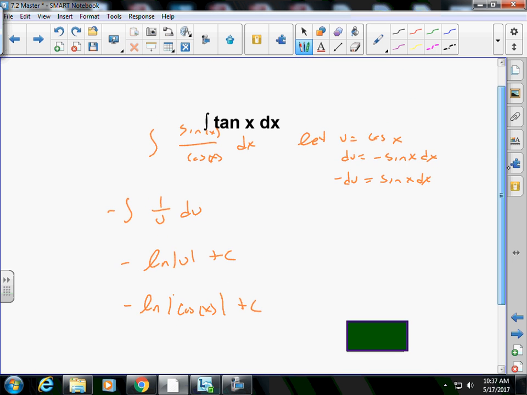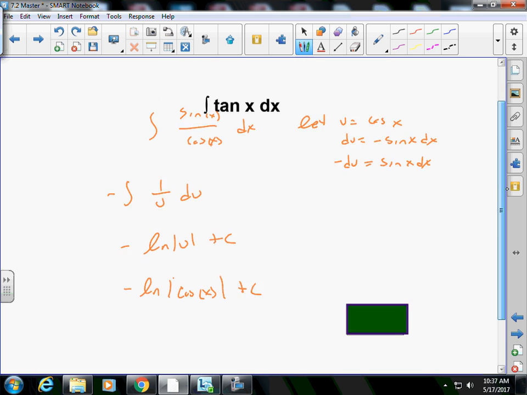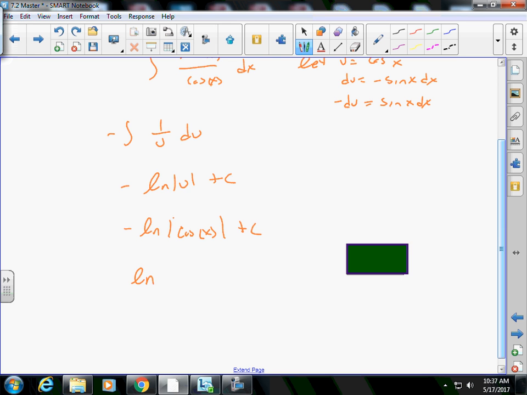I can leave it that way, or it's a log, I could put the negative 1 inside. Natural log, if I put the negative 1 inside, it's cosine to the negative 1, or 1 over cosine x plus a constant, which is the natural log of the secant of x plus c.